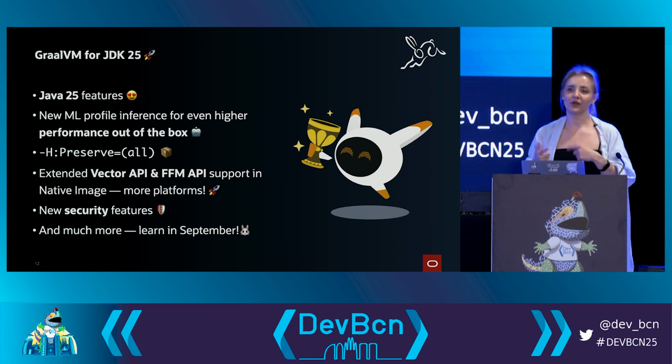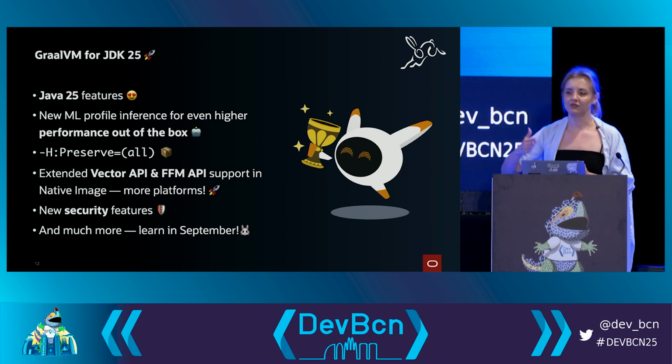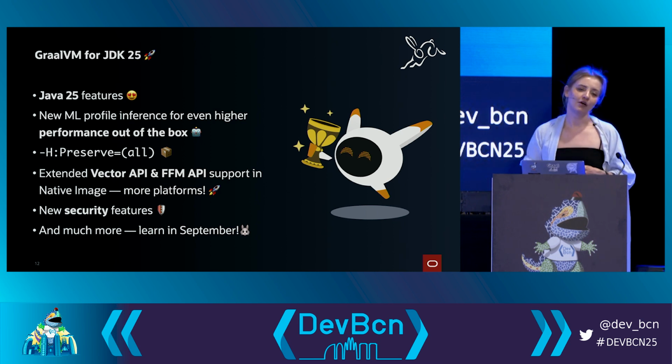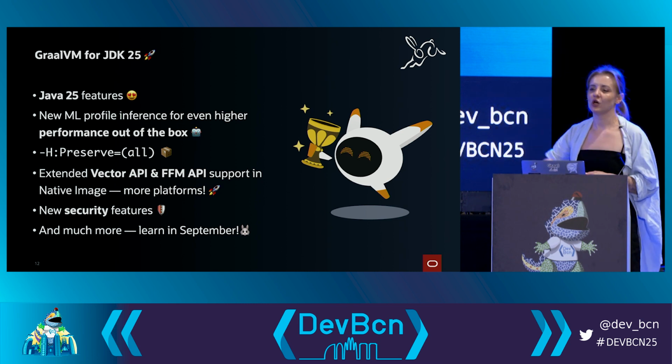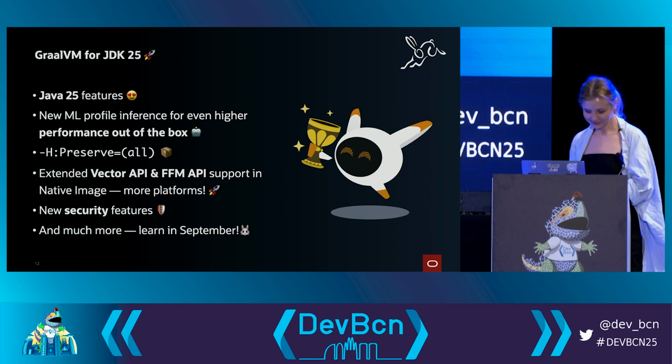So we are constantly reworking that feature. And then in autumn, we are planning to ship a new edition of this feature where your applications will be even faster out of the box. I don't want to give specific numbers now, but even without doing this two-step PGO process, your applications will be faster when you move to GraalVM for JDK 25.